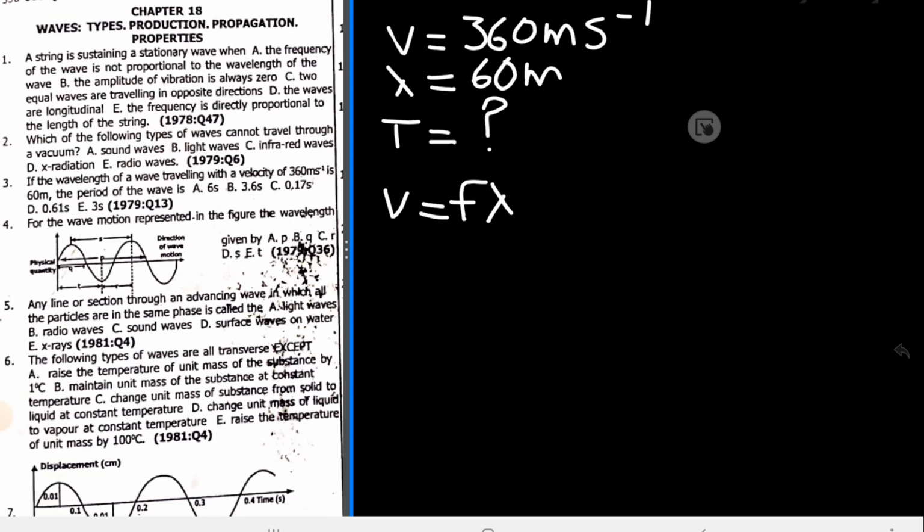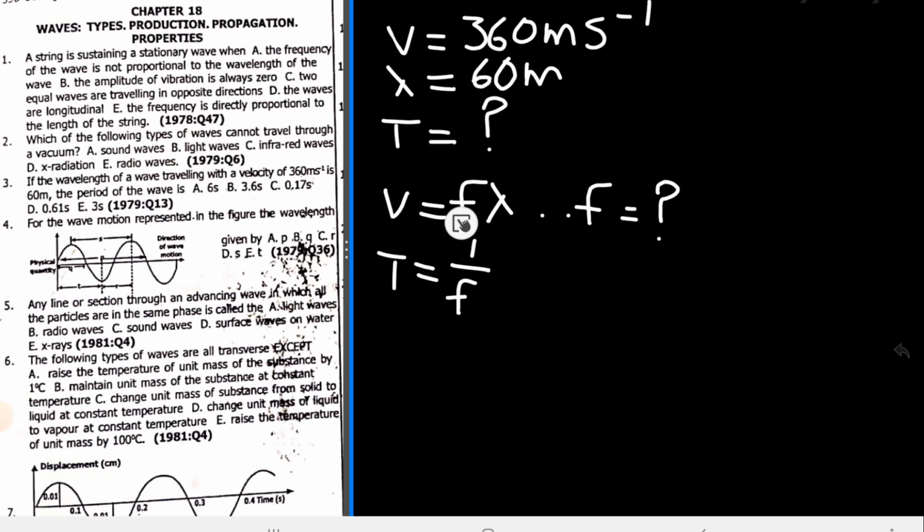So what we will first do is solve for frequency. Once we solve for frequency, we can solve for period, because period is the same thing as 1 over frequency.